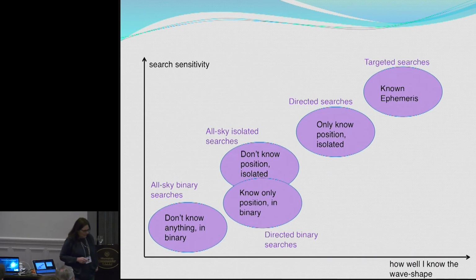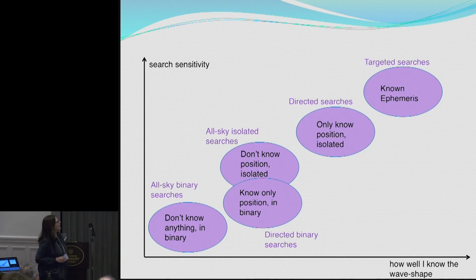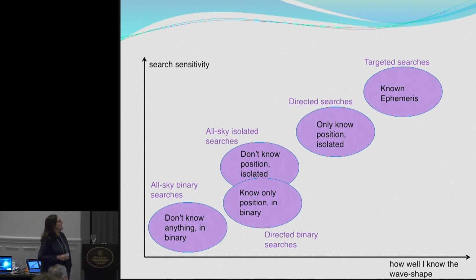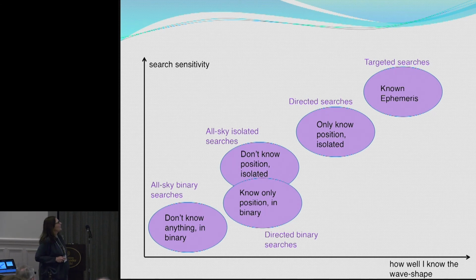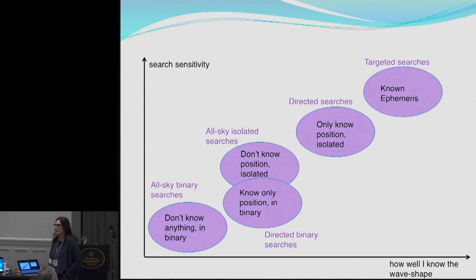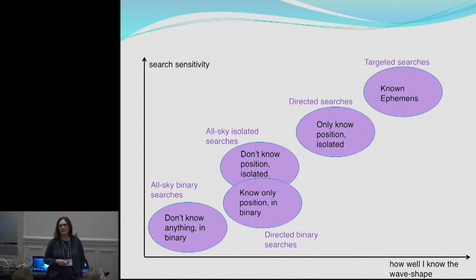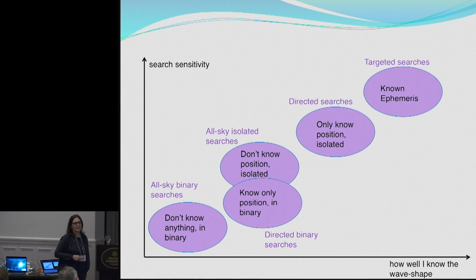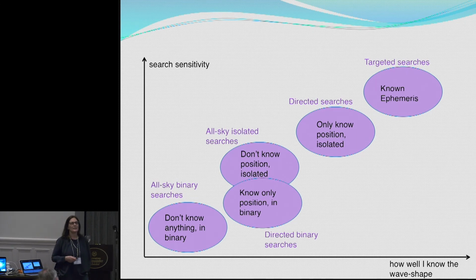Something I would like to point out, and possibly it's one of the messages that would be worthwhile to take home from this talk, is that as we have to search for more waveforms because we don't know the signal parameters, intrinsically the sensitivity of our searches decreases. So the minimum detectable signal increases.